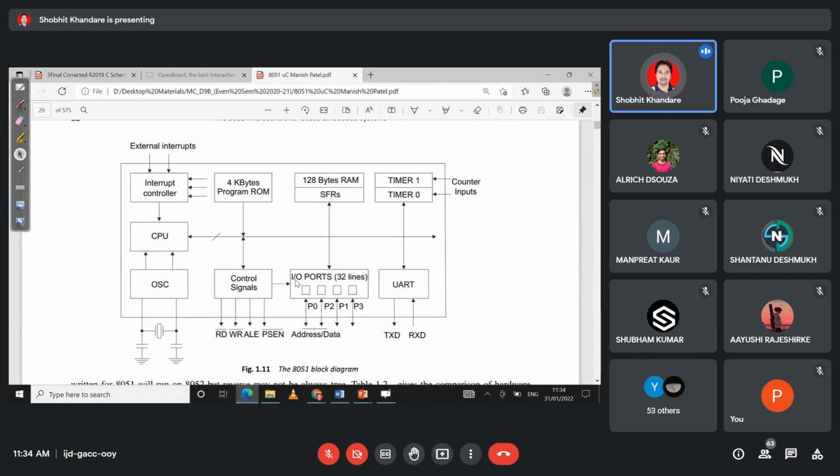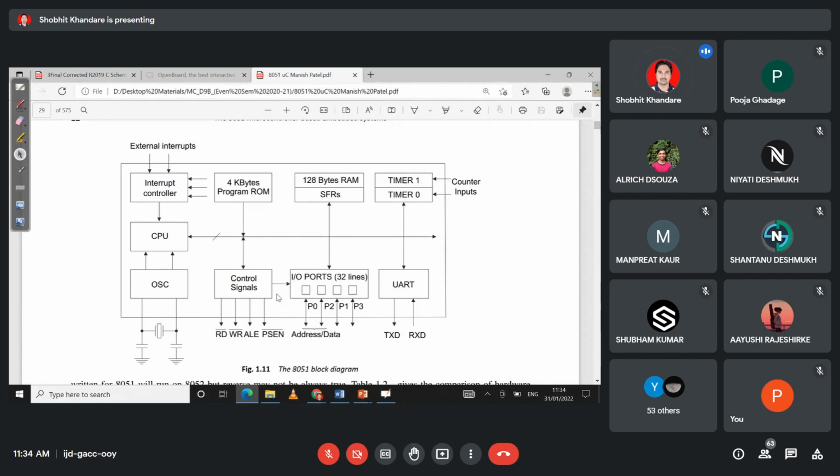I am not taking the detailed block diagram because unless and until I explain the pin configuration, I cannot go to the detailed block diagram. So if the question is asked, you can straightforward draw this block diagram and explain each and every block. Is it fine? Yes sir.